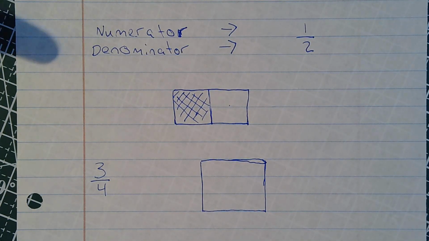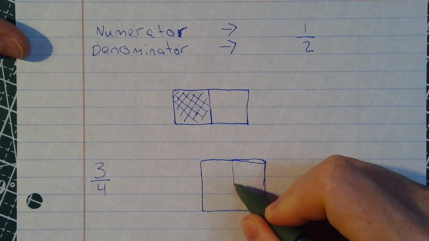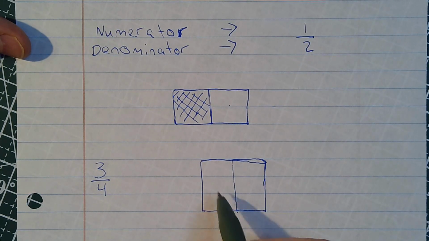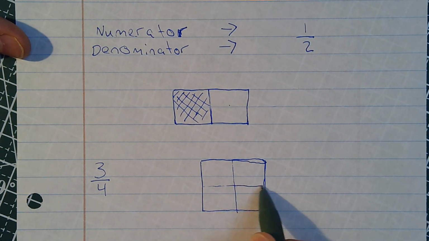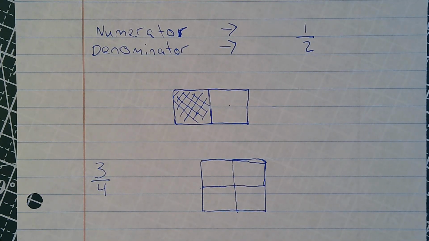But for 4 equal parts, I need to first go down the middle and then cut across the middle. And even though I'm not an artist, we can see that this is mostly equal. When you're drawing these on your own paper, we just want to get it mostly correct. We know it's not going to be perfect.